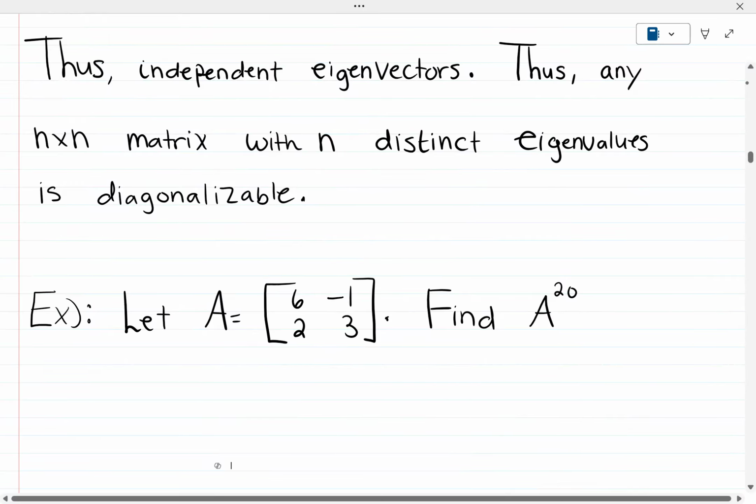What do we know? I know that A to the 20th is the same thing as P times D raised to the 20th times P inverse.